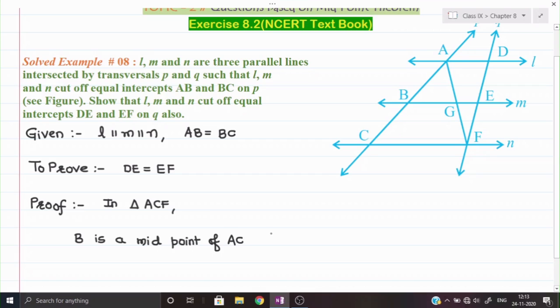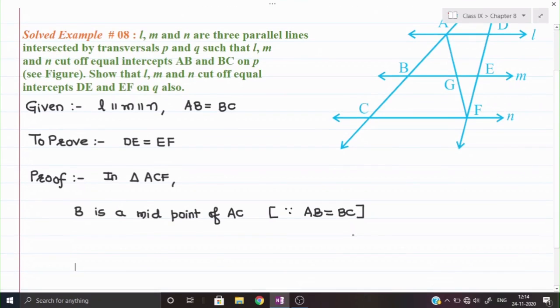B is a midpoint of AC? Definitely. You can see in the given we have already AB is equal to BC. And since AB and BC are equal, we can say that B is in the middle of AC because B to A and B to C is the same, and hence in other words we can say B is a midpoint of AC.